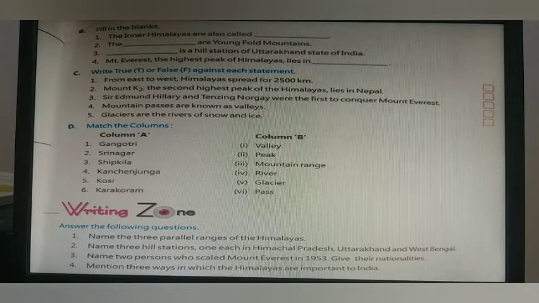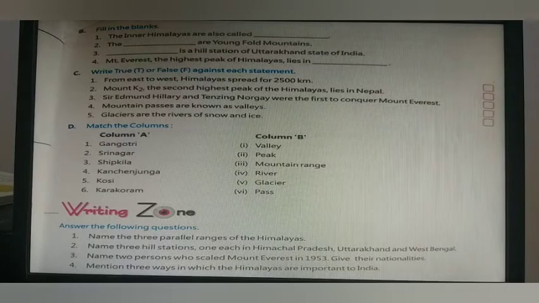Name the 3 hill stations, one each in Himachal Pradesh, Uttarakhand and West Bengal. Hill station in Himachal Pradesh is Shimla. Hill station in Uttarakhand is Nainital and the hill station in West Bengal is Darjeeling.